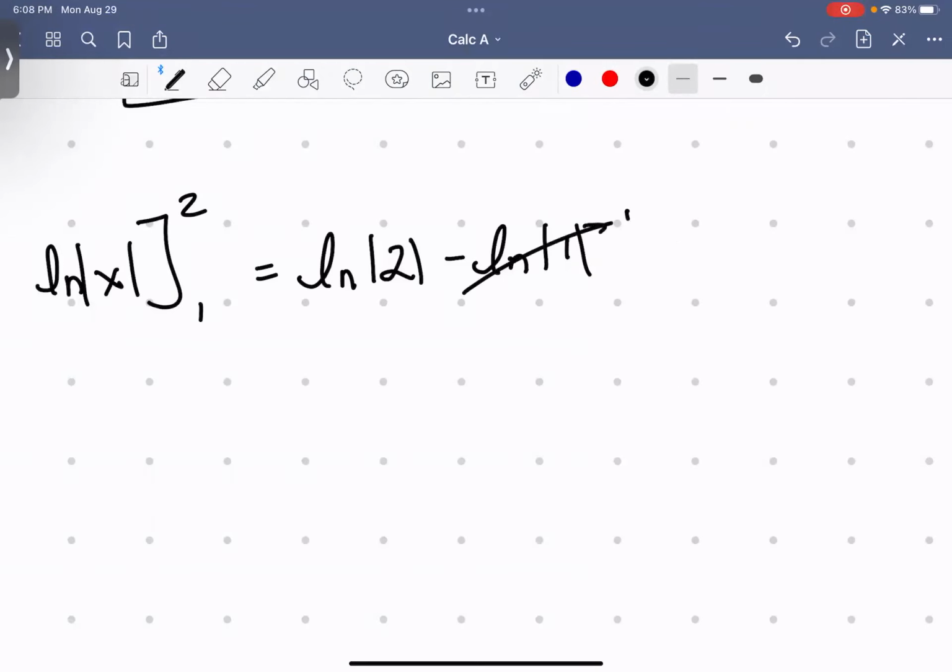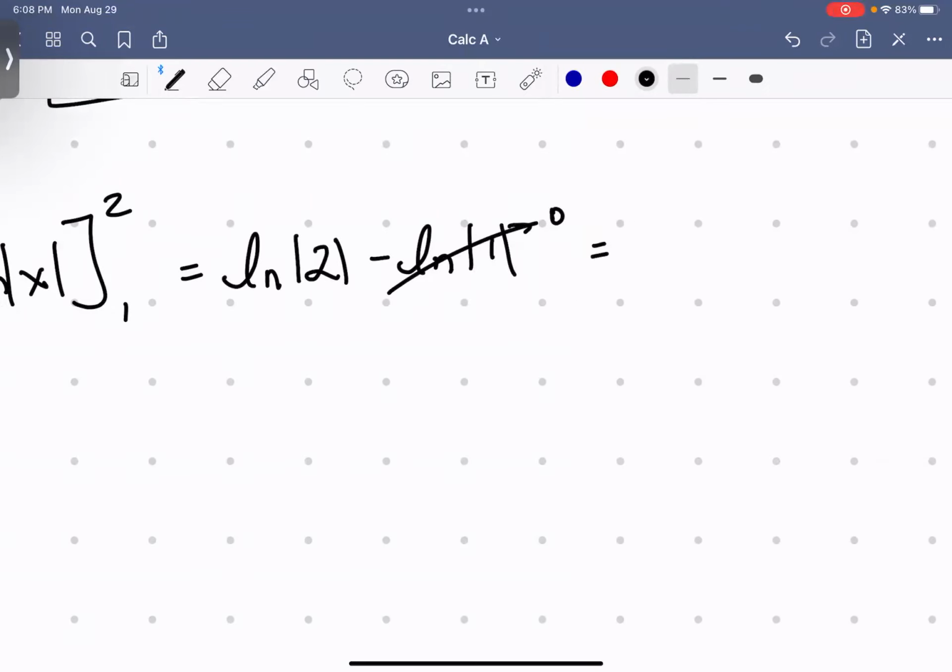So this just goes away. Actually, I think it's 0. Oh, ln 1 is 0. Okay, it goes to 0. That means that the answer is going to be ln 2.